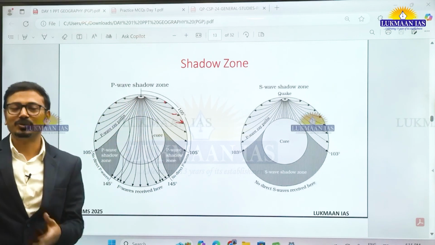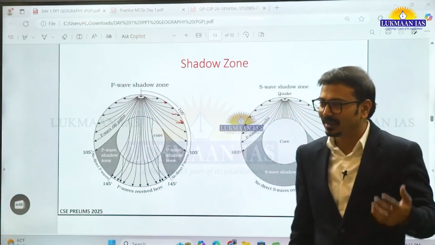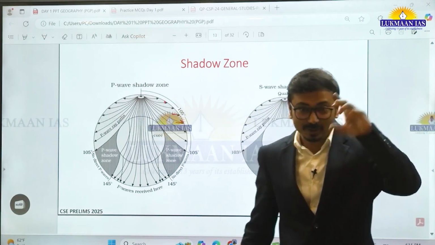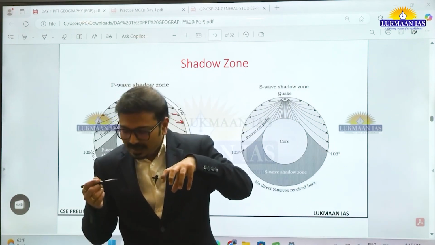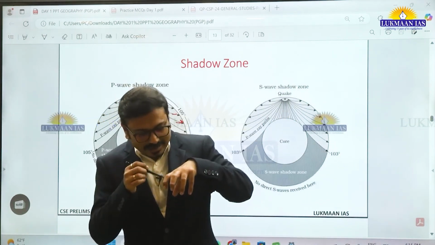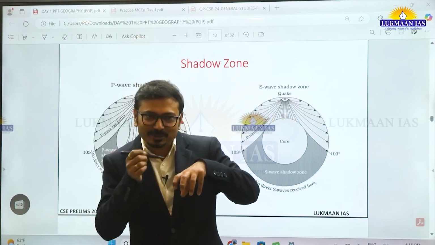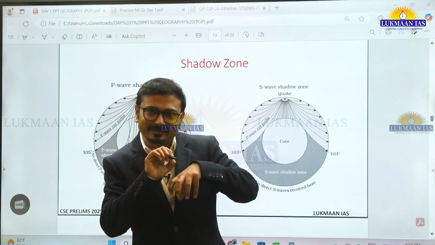Some students can grasp this easily because their physics was good in school. When we studied waves in optics, we saw that when light was passing from air to a glass medium, it was basically from low density material to high density, so refraction was towards the axis.